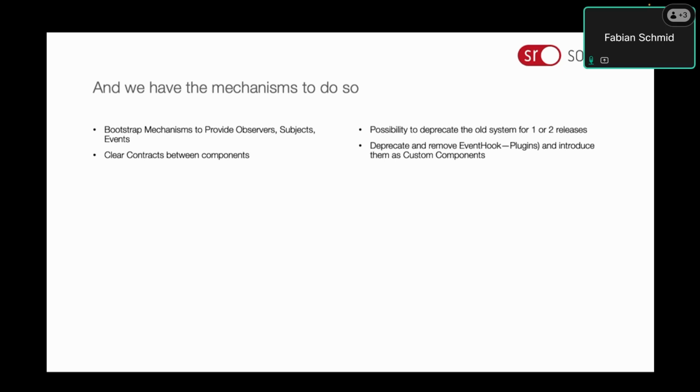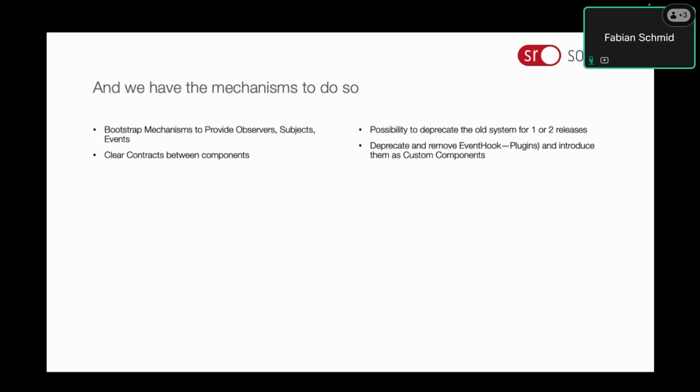And I also would like to deprecate and later remove the plugin slot the current event system has. You can write event plugins which get all events and filter them out and do things. The way with plugins is in general to replace them with custom components. We have now a lot of Ilias components, which is the Ilias core, but you are able to write your own components, and this is the new equivalent for plugins.